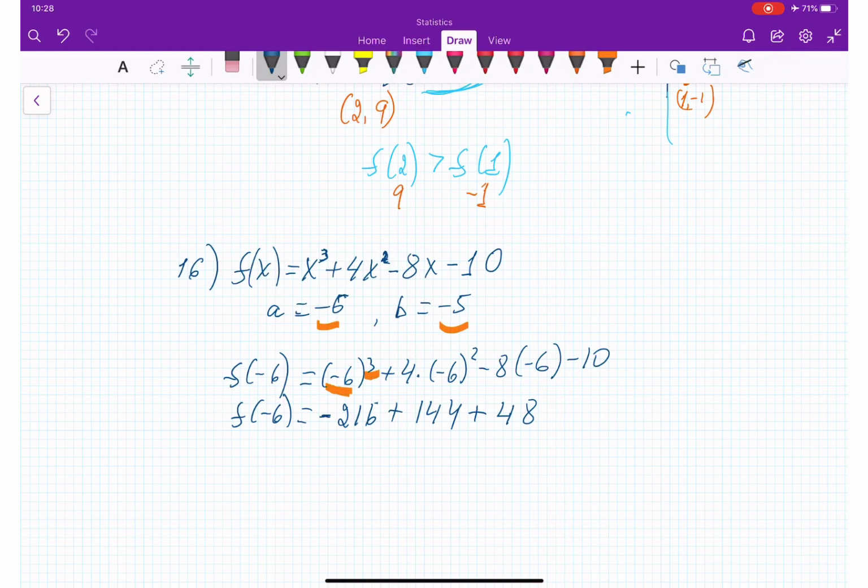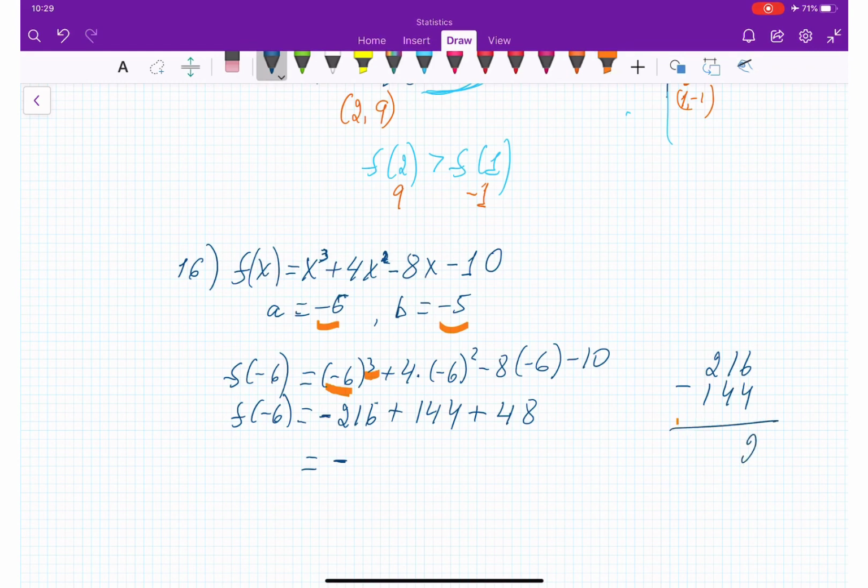So we have negative 216 plus 144. It's going to be negative because 216 is greater than 144.